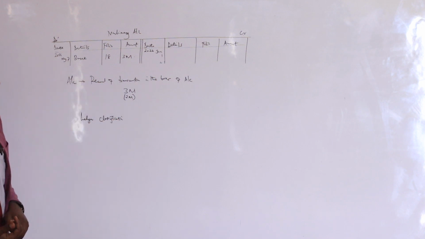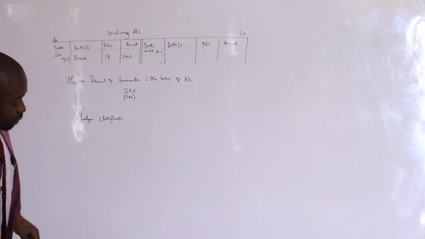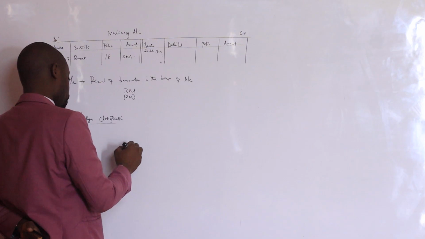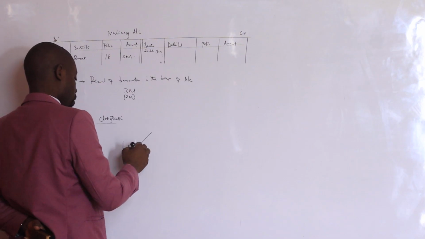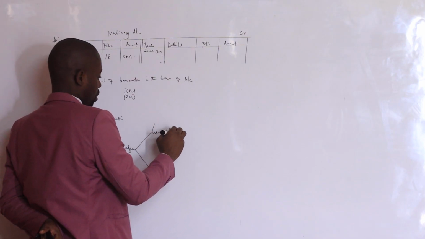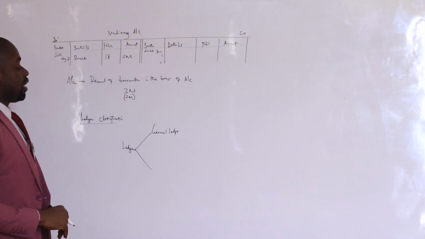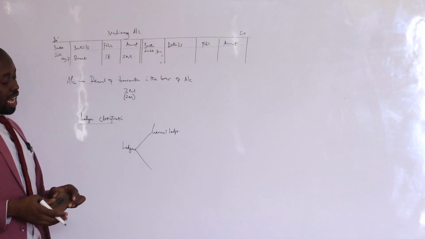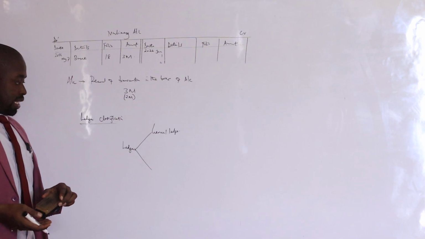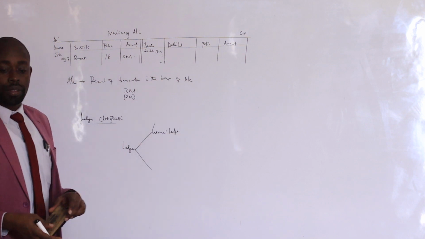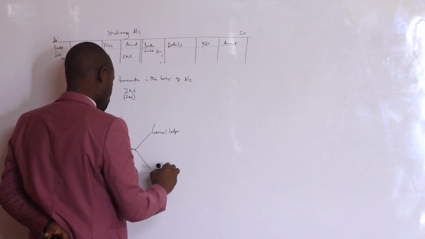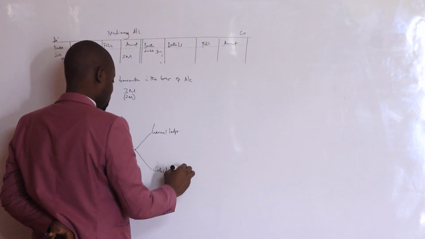in that particular account. So we're talking of ledger classification, and this is how we do it. We have got the general ledger. General ledger contains all ledgers of assets, capital, liabilities, incomes, expenses, among others. So all ledgers are found here. But we have what we call subsidiary ledgers. I could call them sub-ledgers.